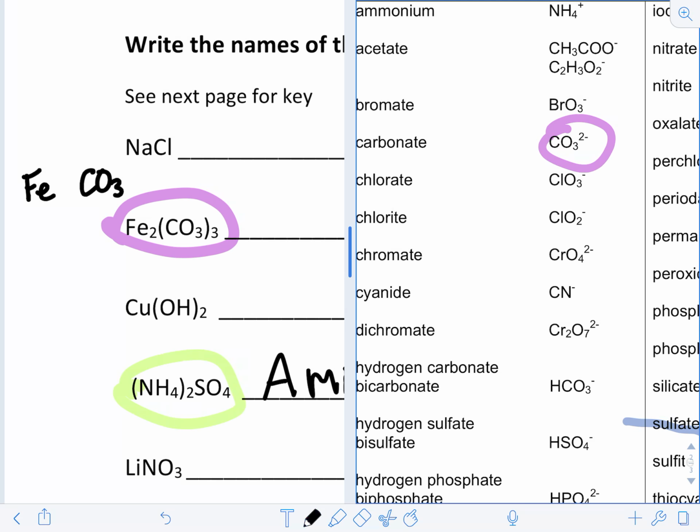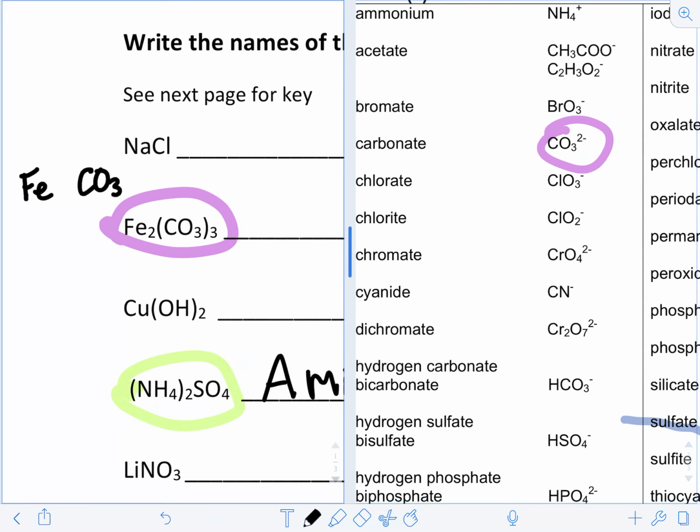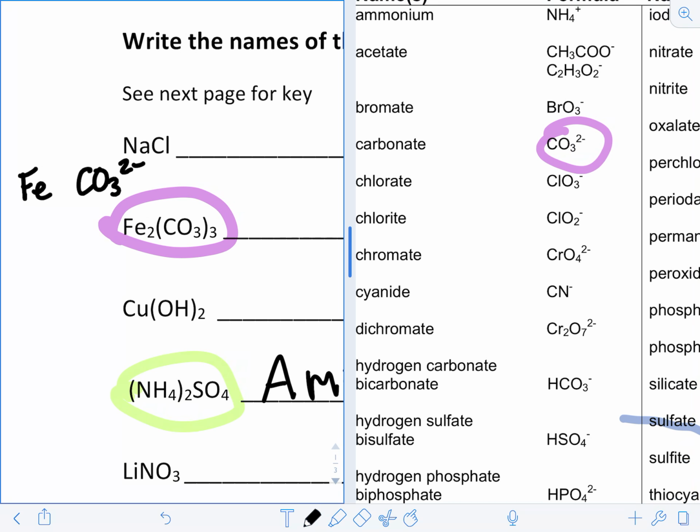So I'm going to write CO3 2 minus. And I want to set up algebra so I can figure out what the charge is. Now, you have to be careful because there's two subscripts here. So I want to write 2x because iron has 2 for its subscript, plus CO3, which is carbonate, has a 3 as its subscript, and I want to include its charge and set that equal to 0.